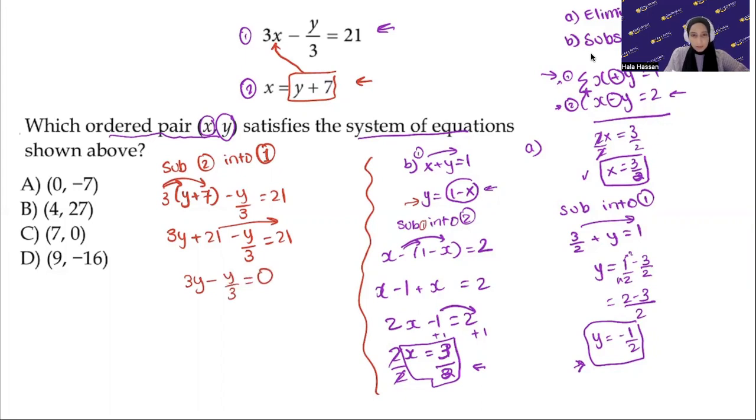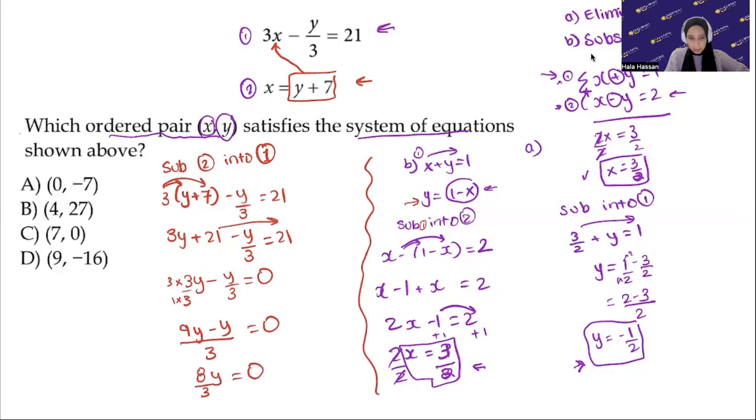And then now I need to get a common denominator. So I'm going to say, you know what, over 3, because I'll do 1 times 3, and then 3, I need to multiply by 3 as well, because anything to the bottom goes to the top. So 9y minus y all over 3 is equal to 0. That is 8y all over 3 is equal to 0.